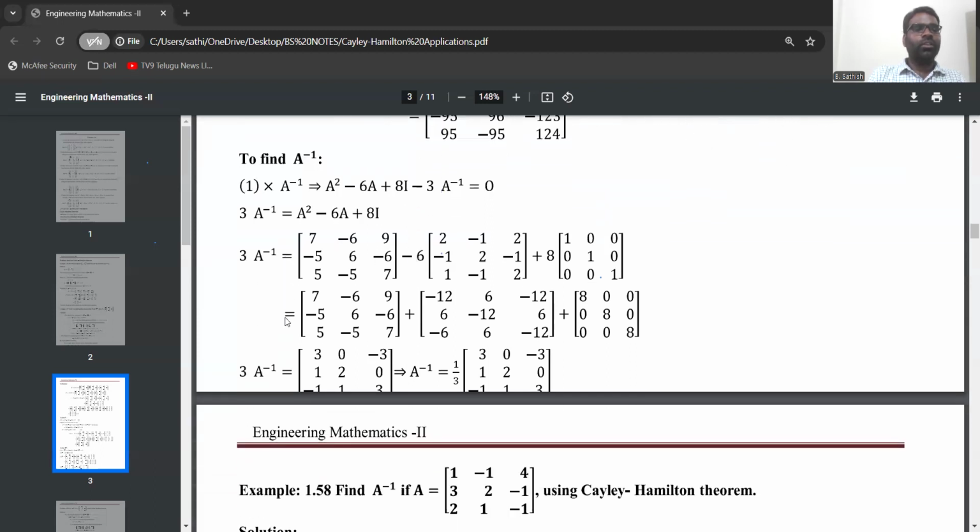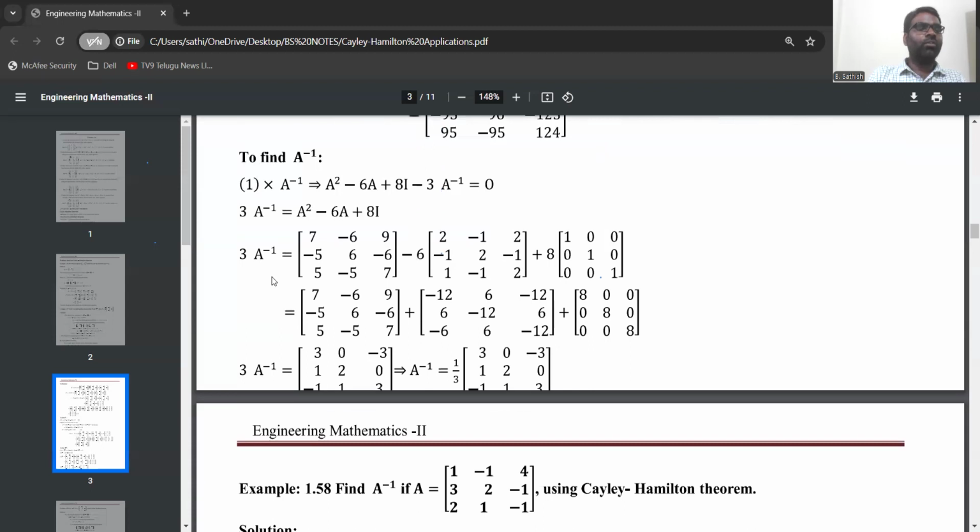So from that, after substituting all these values a square and a value and I, after simplification, we'll find out A inverse.